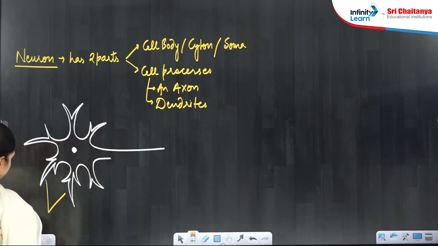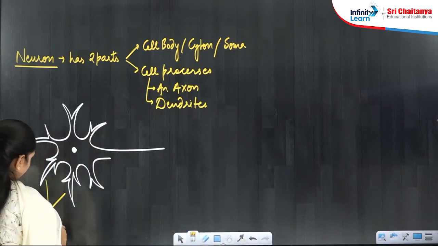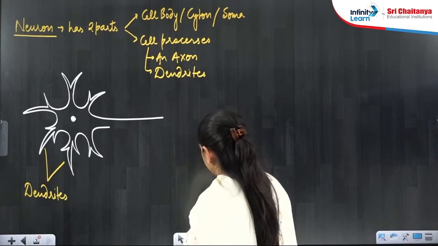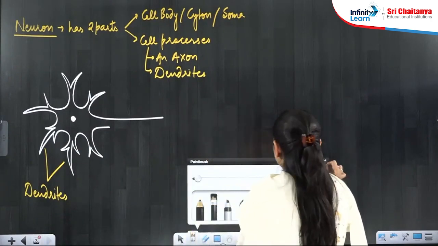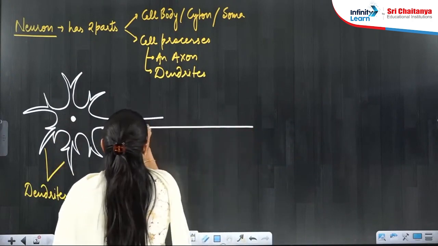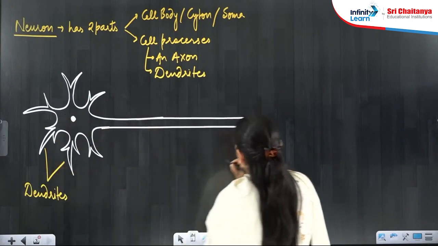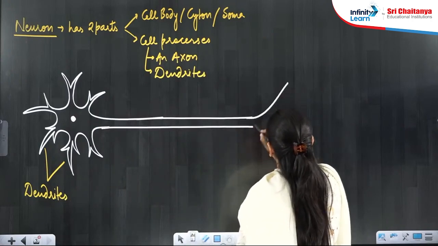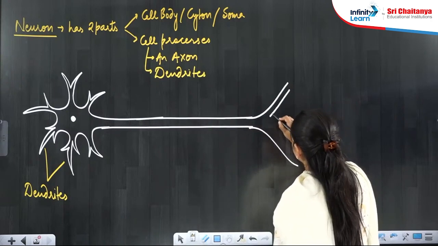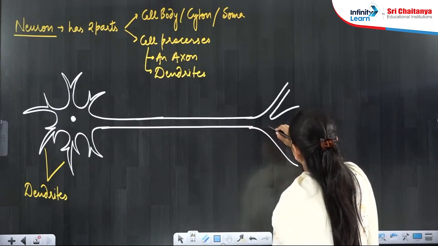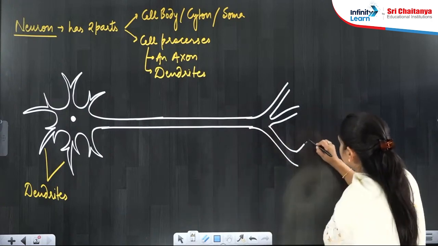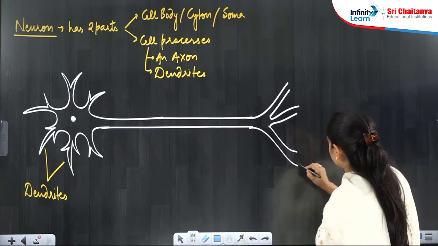These are dendrites. And now you can see the axon. This is the axon. And the axon has a terminal. So this is the end of the axon.